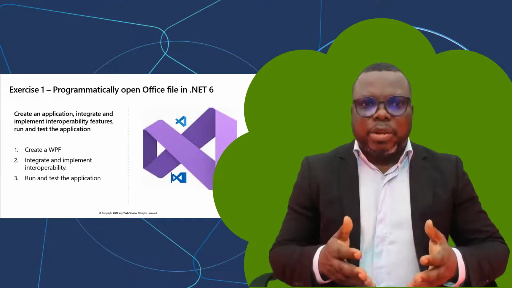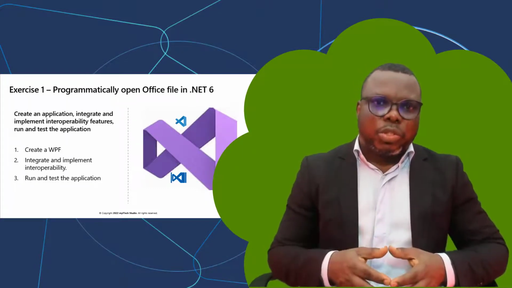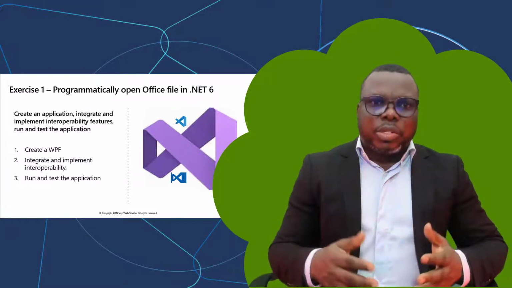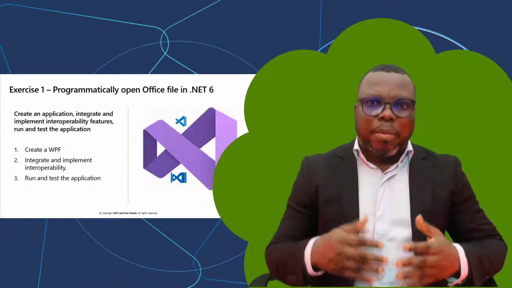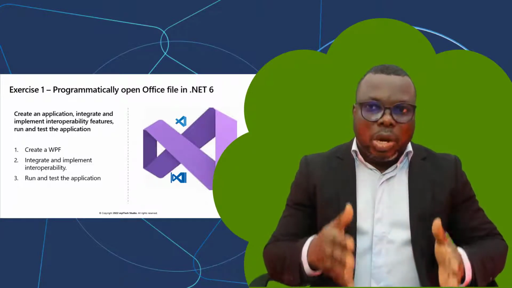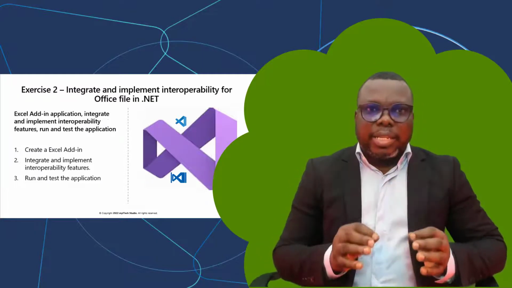The basic prerequisites are that you must have Microsoft Visual Studio of any version for our development environment, and you must have Microsoft Office Suite, or Microsoft Office Excel and Microsoft Office Word, installed on your computer to complete this walkthrough.